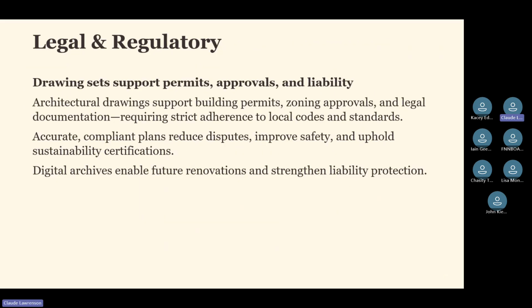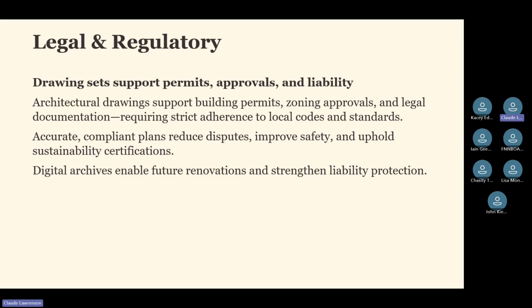So how about on the legal and regulatory side? So drawings support permits, approvals, and liability. So drawings support building permits, zoning approvals if you have zoning, and legal documentation requiring strict adherence to local codes and standards. To me, the minimum legally acceptable building standard is following at least the National Building Code.